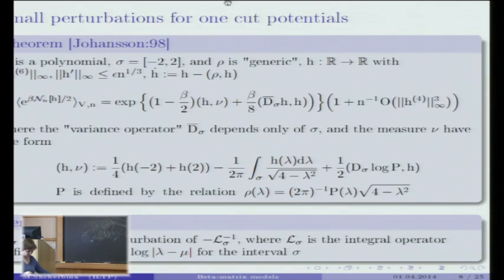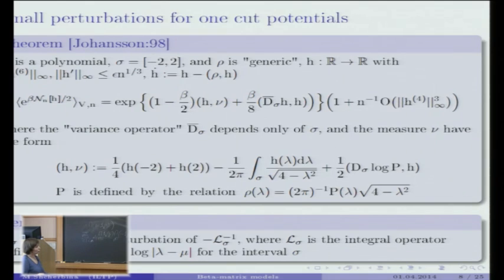Okay, and the second result which I would like to mention is the famous Johansson paper of 98, where he proved that if you consider a small perturbation of your potential, where the potential is one cut, which means the support is one interval, and you add this small perturbation and consider the behavior of this, then you obtain some quadratic form with respect to this perturbation h.